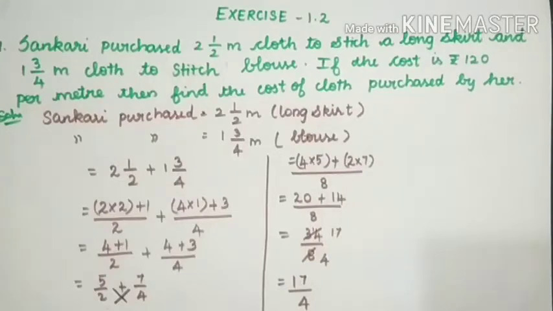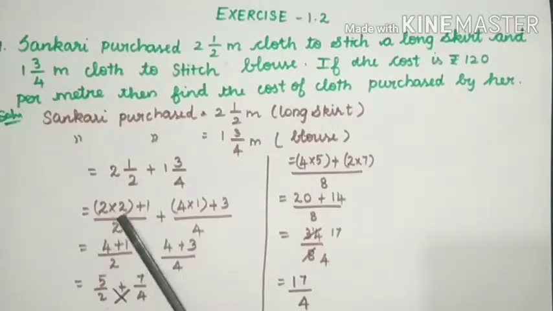To find the total length of the cloth, we have to add the given measurements of length. 2 1 by 2 plus 1 3 by 4. Here we have the mixed form of fraction. First we have to convert this into improper fraction. To change this mixed fraction into improper fraction, you have to multiply the denominator with the whole number and then add with the numerator.